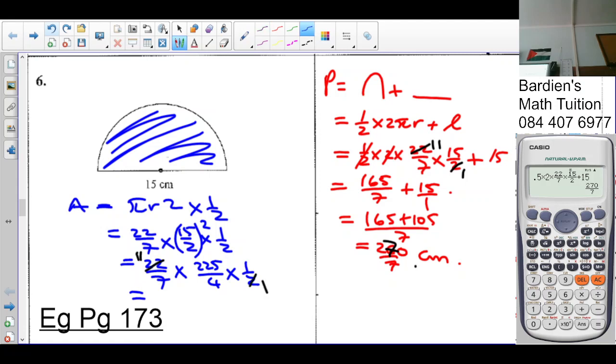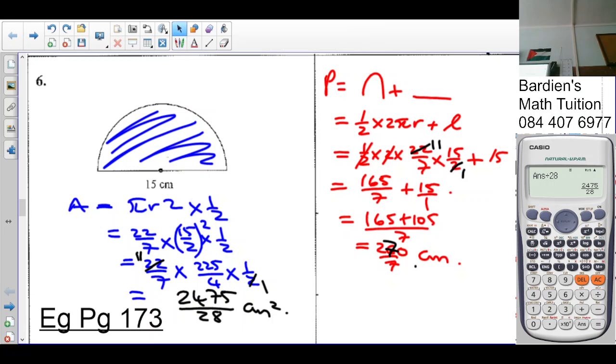So it's simply 11 multiplied by 225 divided by 7 times 4, which is 28. Giving the answer of 2475 over 28 centimeters squared.